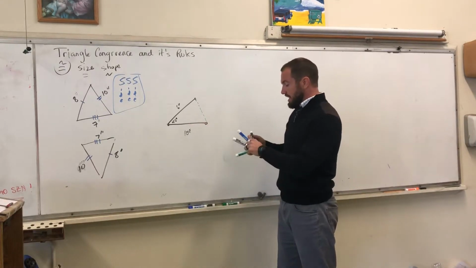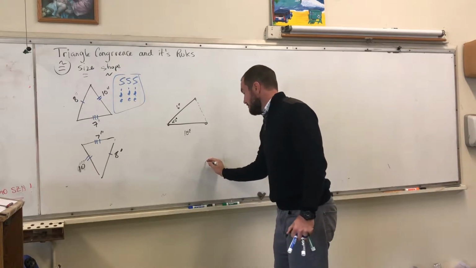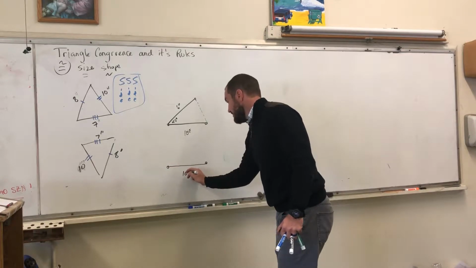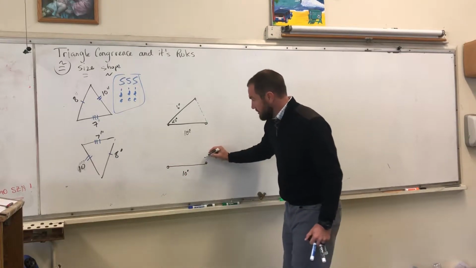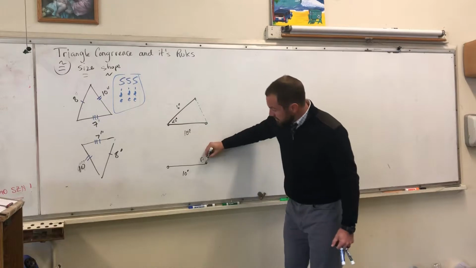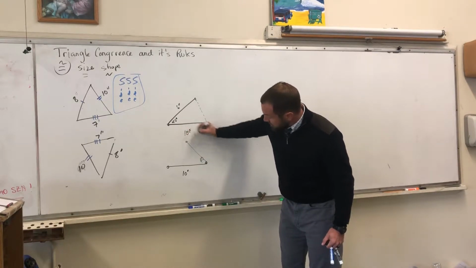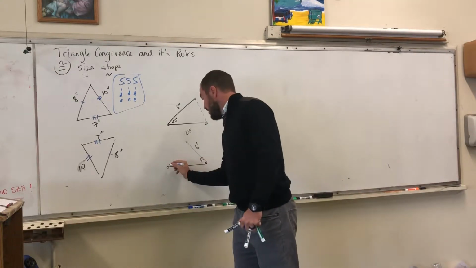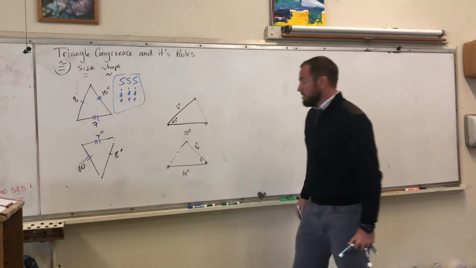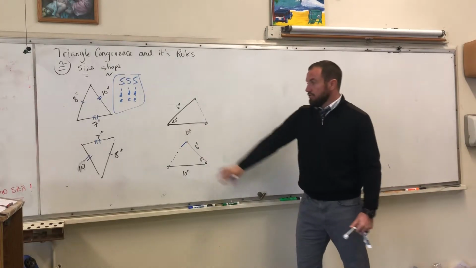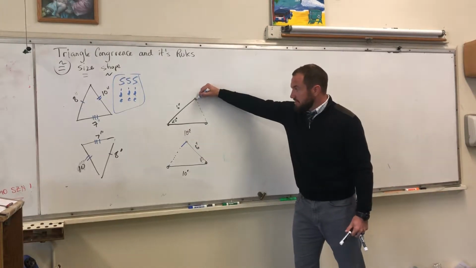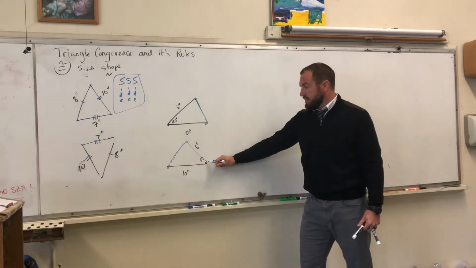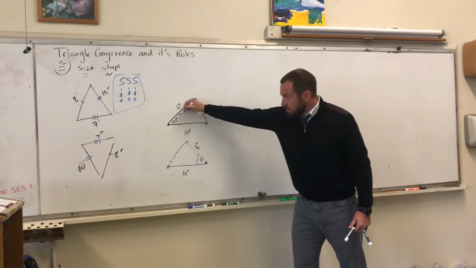Now, if I decide to take the same side, 10 inches, and use the same angle, 40 degrees, and use another same side, 6 inches, I would have, in fact, drawn another pair of triangles that would have to be congruent, because this distance from here to here would have to be the same, because I've given you a certain distance of 2 sides and a certain angle.